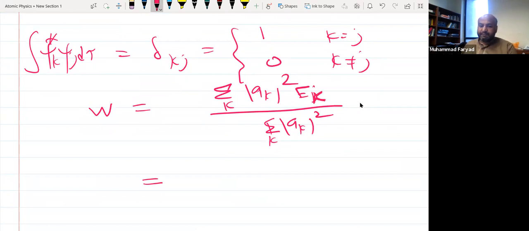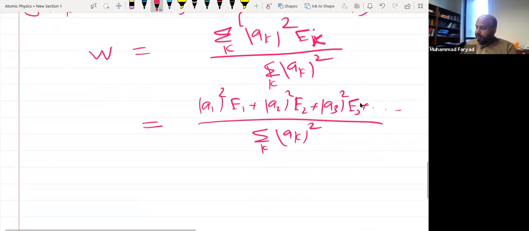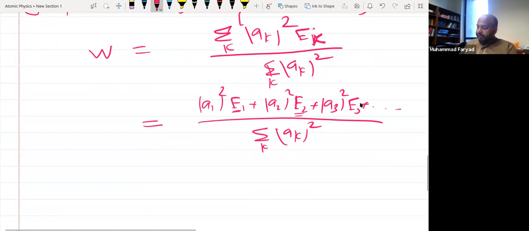Now if you look at the top term, we have something like this: a1 mod square e1, a2 mod square e2, a3 mod square e3, and so on, divided by sum over k ak mod square. Now e2 is greater than e1, and e3 is also greater than e1, because that's how we have labeled the states.